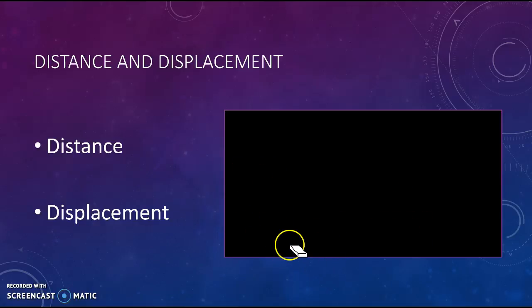Let's go back to our straight line motion. And let's imagine that we're going to start right there, and we're going to start moving in this direction. And then another object, I'm going to displace it, starts right there, and it's going to move in that direction.